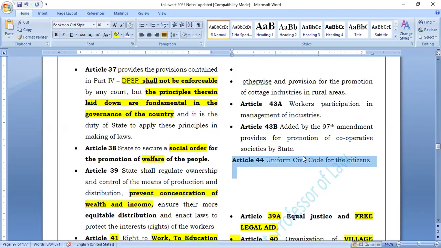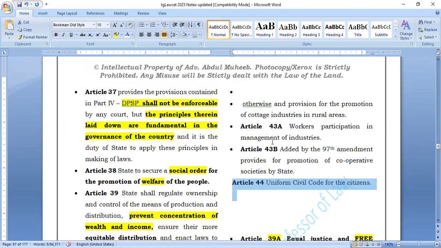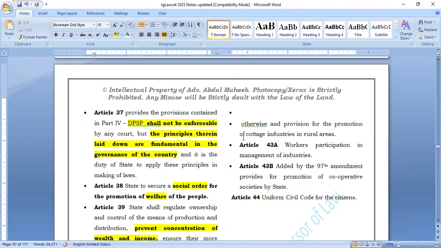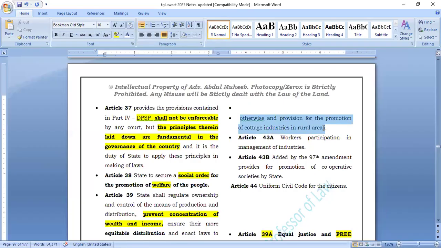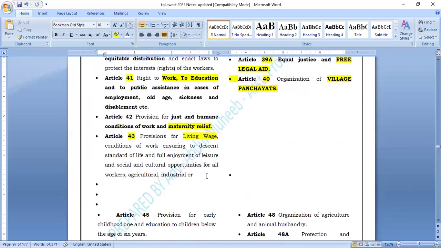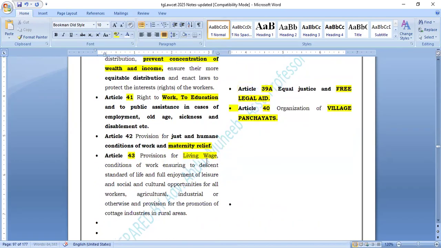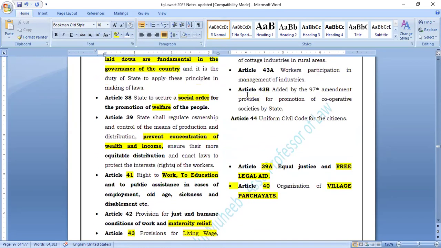Sir, 43 capital A is also there. You have Article 43A and 43B.